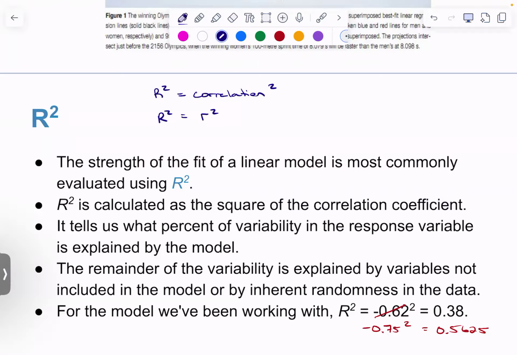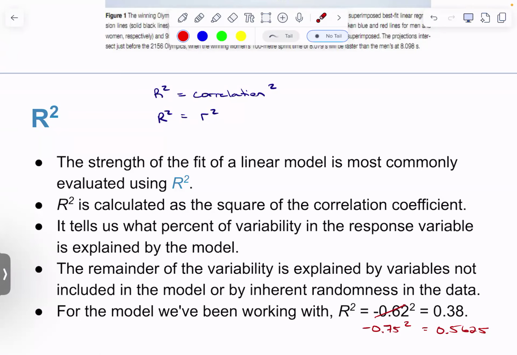But in this scenario, they are the same. Remember the facts about the correlation. Correlation goes between -1 and +1. Now, if I square those values, I square a negative, it becomes positive.